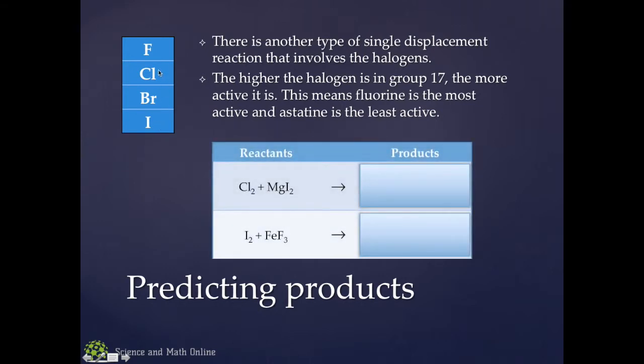So chlorine's higher than iodine, so the reaction occurs and they switch places. The chlorine goes with the magnesium, the iodine's kicked out. And then here, same thing. Iodine's trying to replace fluorine, but iodine's lower on the list than fluorine, so there is no reaction.